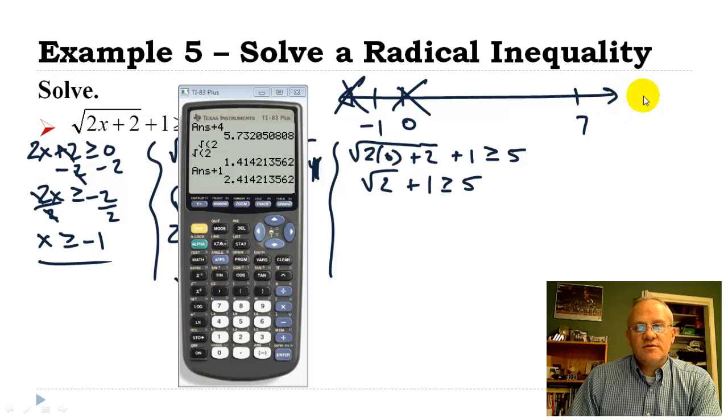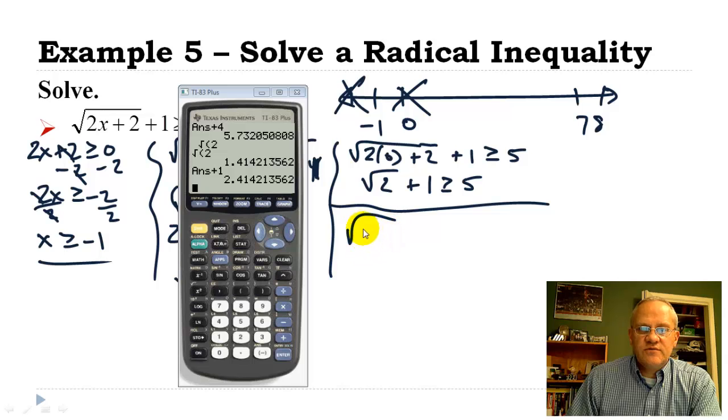And so as I thought, it's going to probably be the stuff out here, but let's just plug in one more point to make sure. Let's plug in 8. So here's 8 out here. So we're going to take the square root of 2 times 8 plus 2 plus 1 is greater than or equal to 5. Let's see. 2 times 8 is 16. 16 plus 2 is 18.